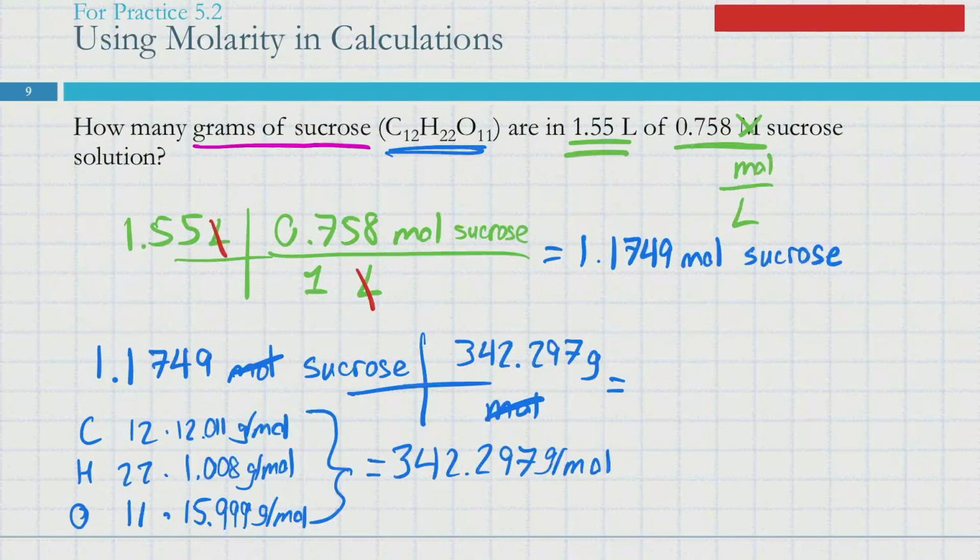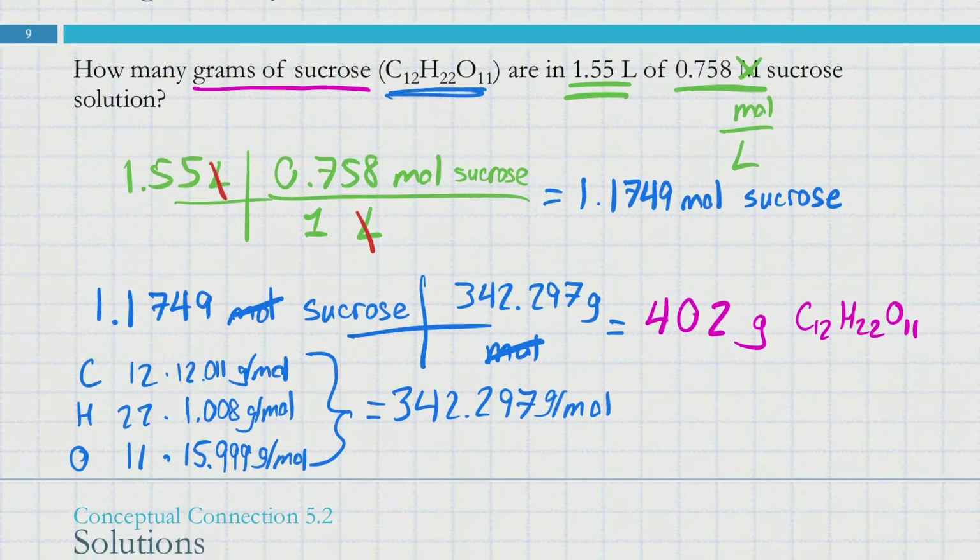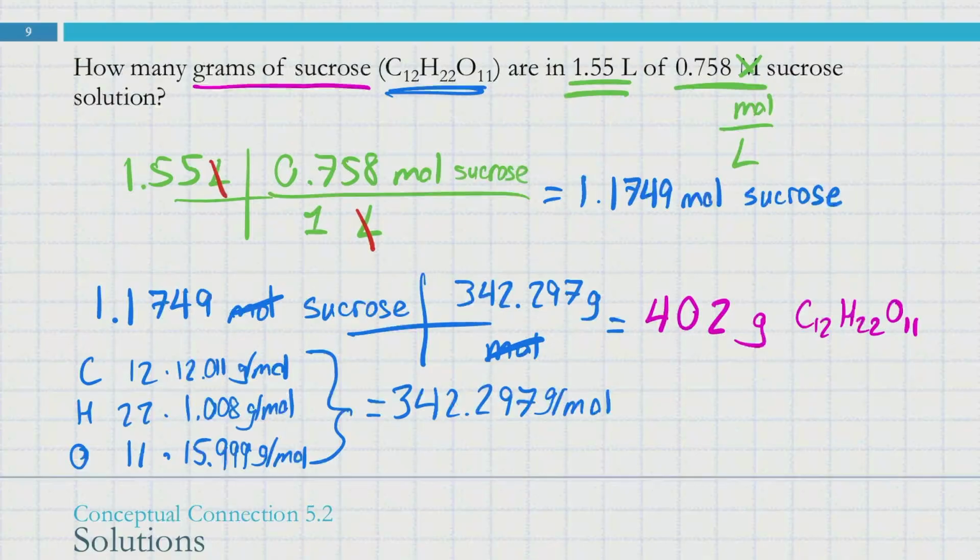And we've got 402 grams sucrose. Which is a lot of sugar. It's almost a pound of sugar. Questions about doing that calculation?